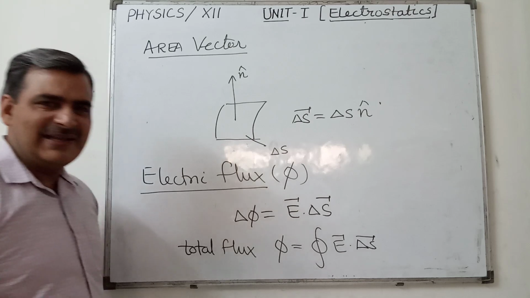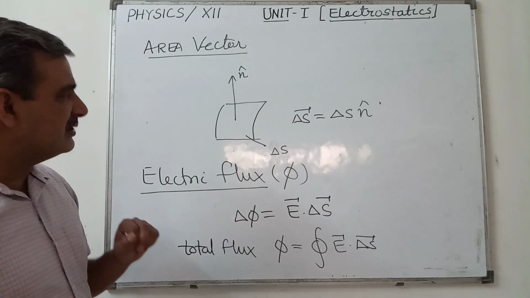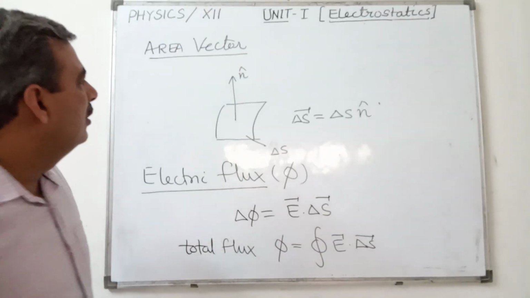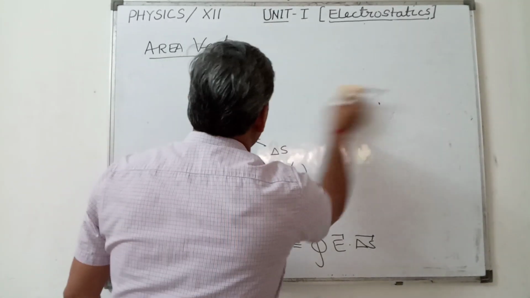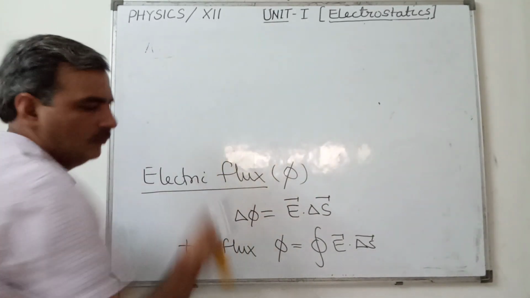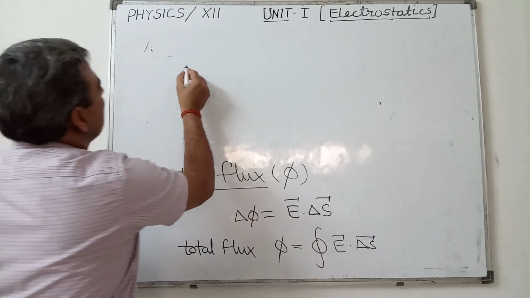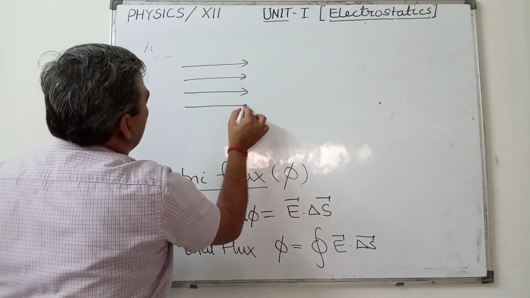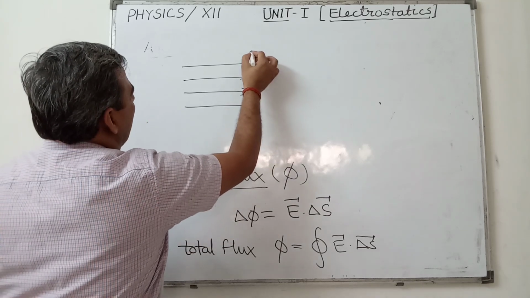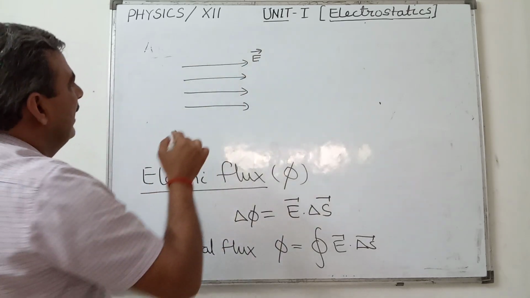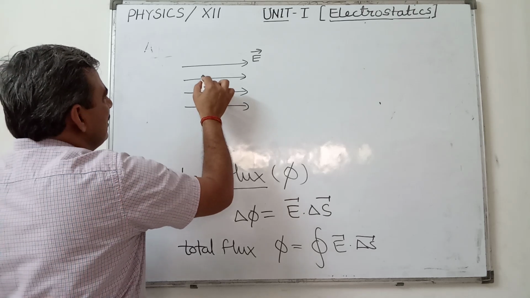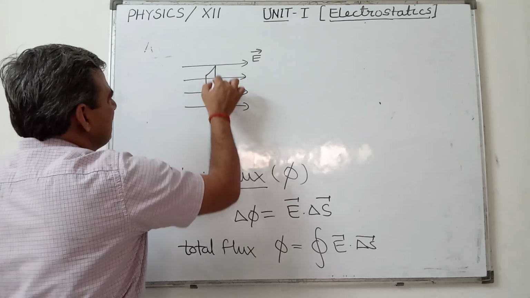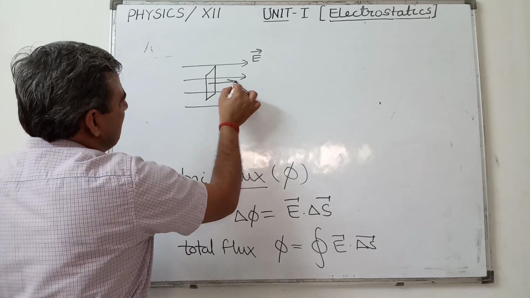If you try to understand this by means of a figure, suppose these are the field lines coming from infinity, for a uniform field, and here you have placed some area like this. The area vector is along this direction.